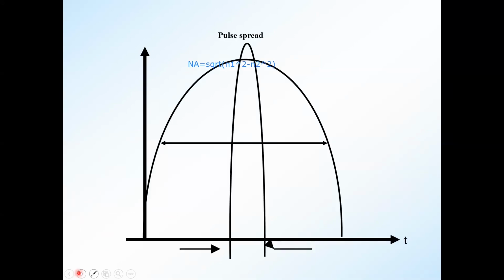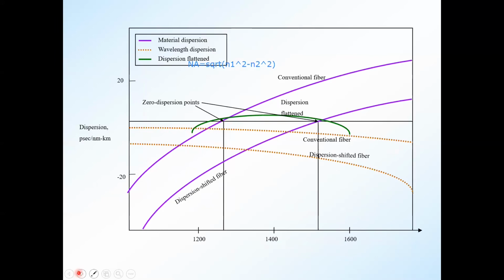Yeah. So this is just again. Now, as I was talking about the dispersion, the reason for dispersion, or how we can remove this dispersion, or where we should be working.